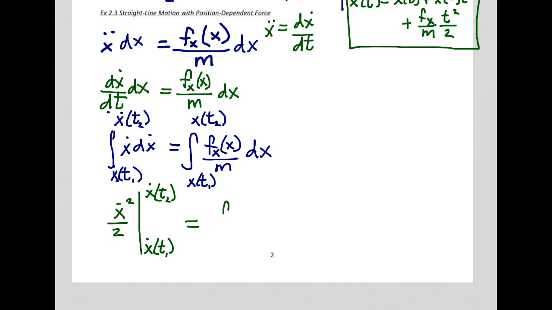And so we'll leave that as the integral of f of x as a function of x divided by m, integrated across dx, and the boundary conditions of x at time 1 to x at time 2.